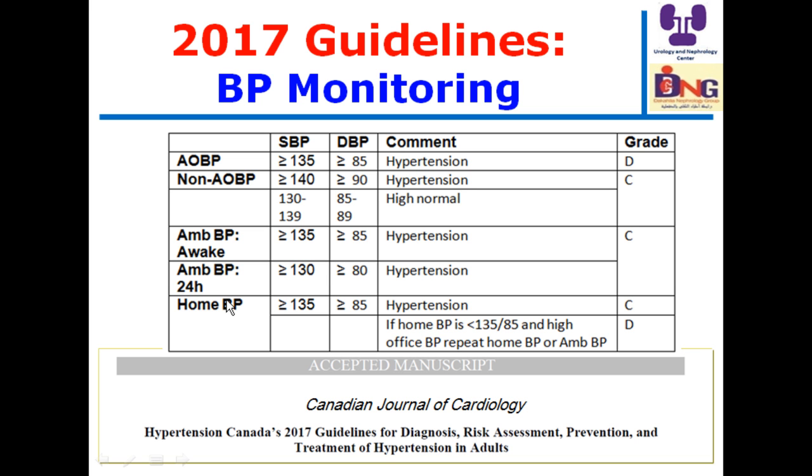If we use home blood pressure, if home blood pressure is equal to or exceeding 135 and 85 systolic and diastolic respectively, this is hypertension. But if home blood pressure is less than 135/85 and office blood pressure is high, please repeat home blood pressure or ambulatory blood pressure. So these are the Canadian guidelines for adults.